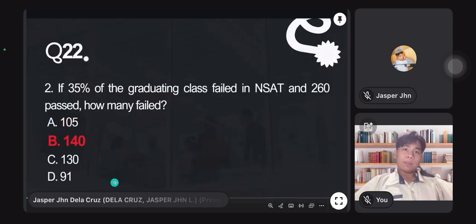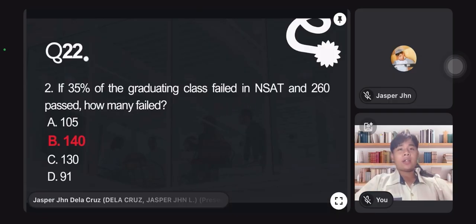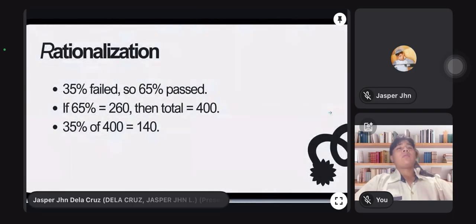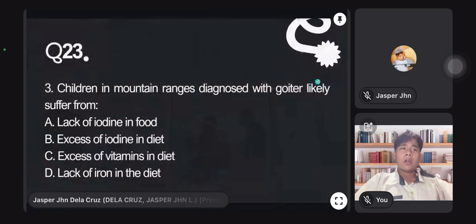The other choices come from an incorrect total, or it is not the correct percentage computation. So I think this is very understandable. Let us proceed to question number 23.